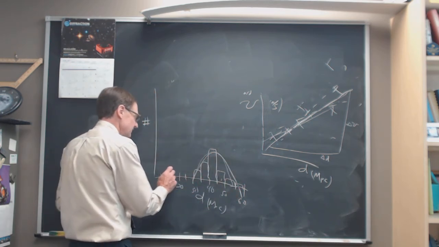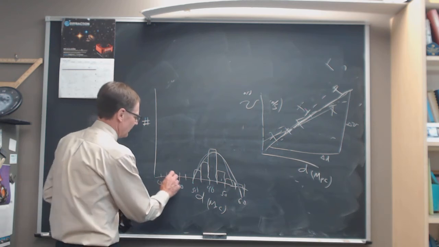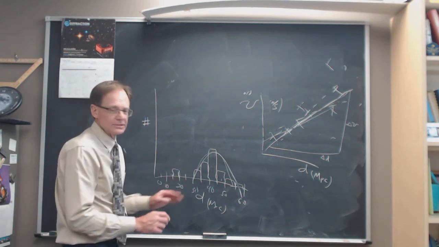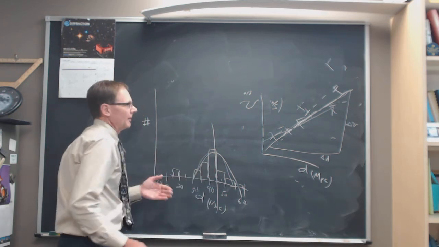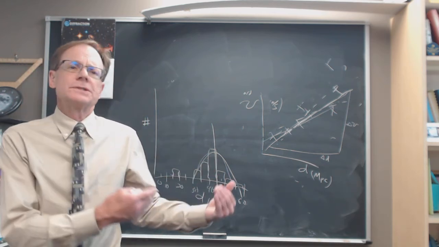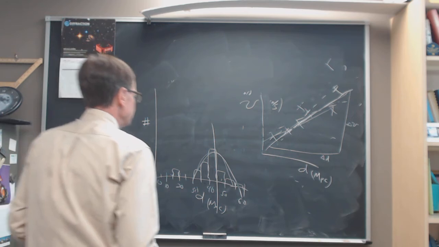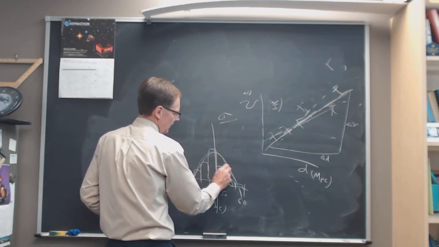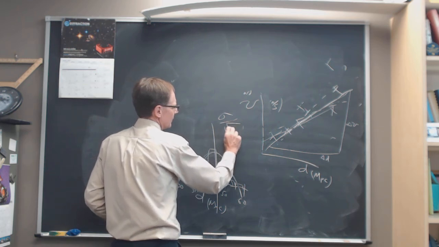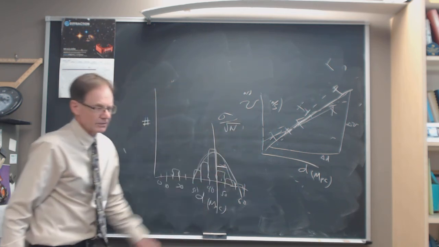And that's very, very non-susceptible to outlying data points. If you had outlying data points over here, this is a great way to find the mean of your Gaussian fit. So there are ways to use these distributions to find your mean right there, to say your uncertainty again is going to be the standard deviation of that fit divided by the square root of the number of data points that are in there.